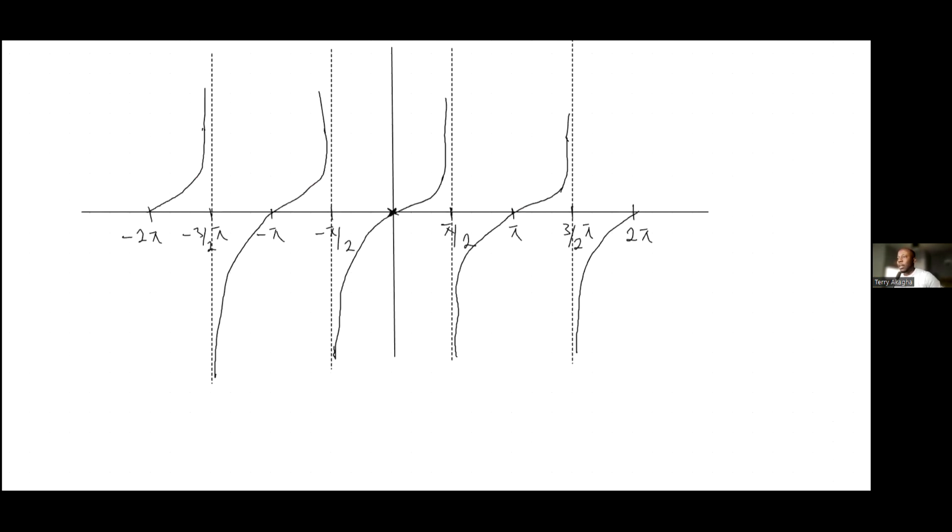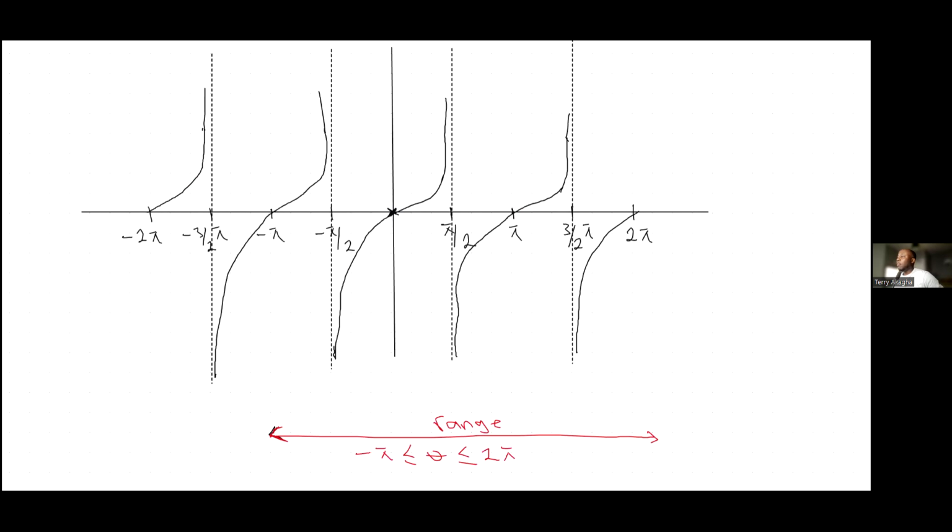We're only interested in answers from this point, minus pi all the way to 2 pi. So this is the range we're interested in. So we're interested in theta from minus pi all the way to 2 pi. So we're not interested in any other answer outside this range.